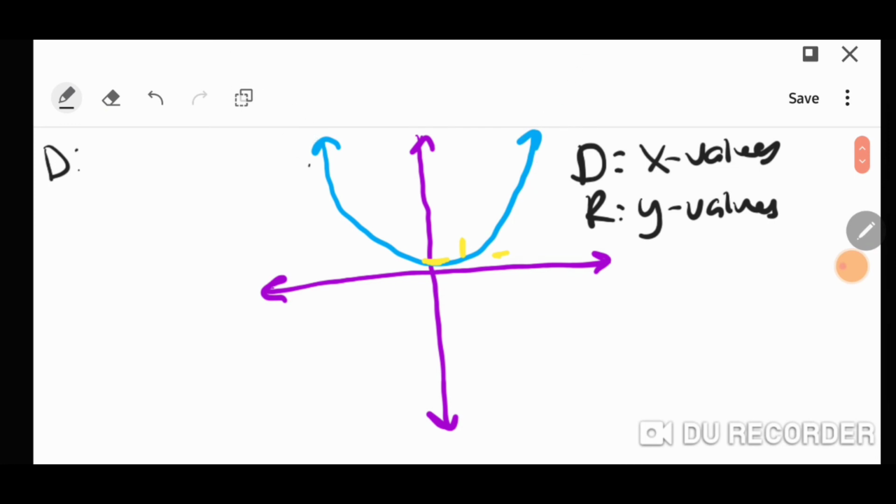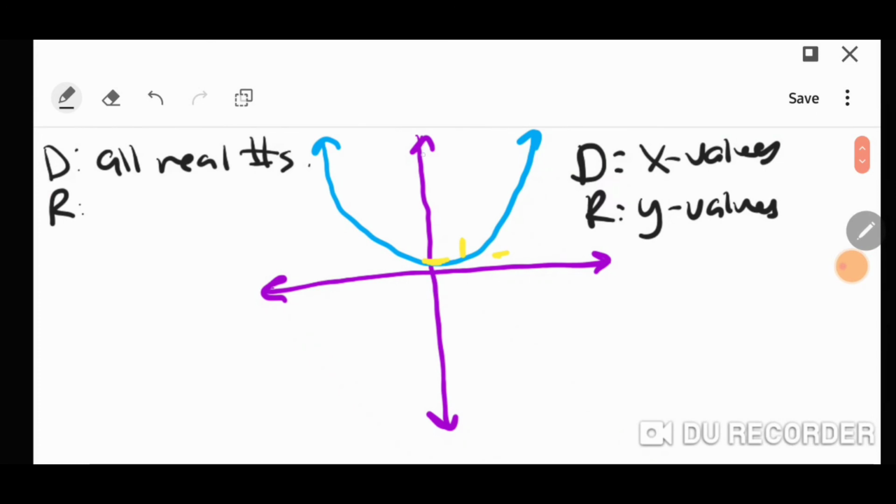So will my x value stop? No, they will not. It will continue going. So again, if it continues going, or you see arrows, it means it's going to be all real numbers. Remember we wrote that in the table? All real numbers.